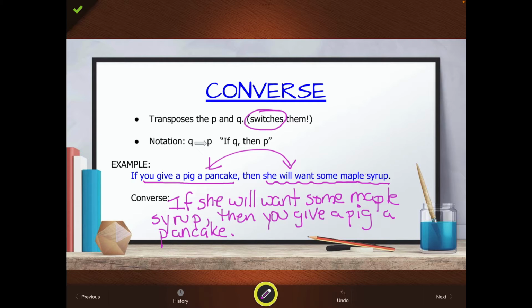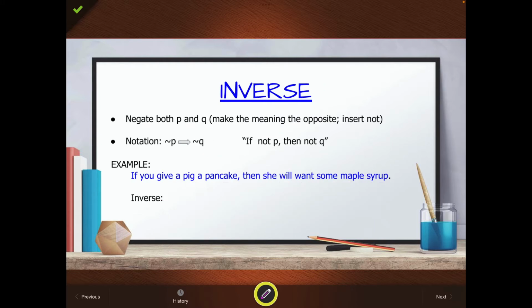The second one is inverse. Now inverse is completely different. Inverse, you want to negate both your P and Q. So we're going to negate both our hypothesis and our conclusion. Negate means make the meaning the opposite.